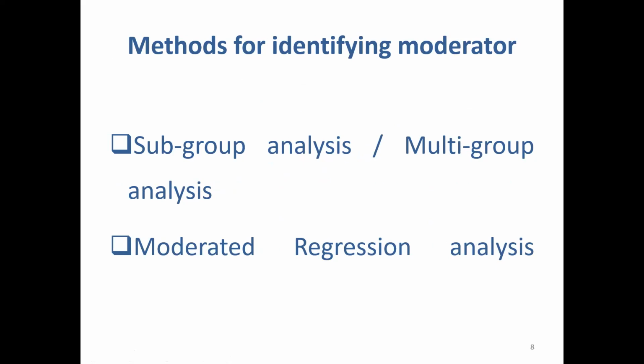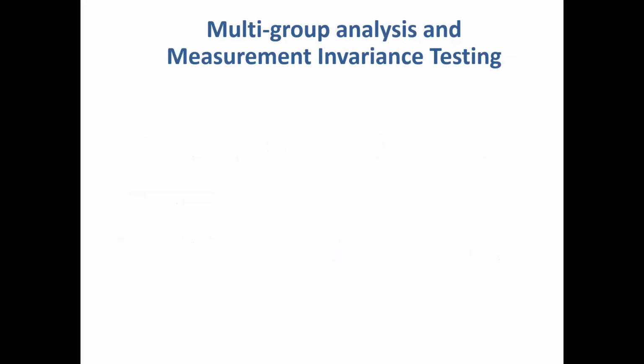In fact, the regression method, like putting an interaction term as another X variable in the equation, can also be done through SEM, but that is not a very robust way of testing moderation. A multi-group analysis or subgroup analysis using SEM is a much more robust method of testing the moderator effect.